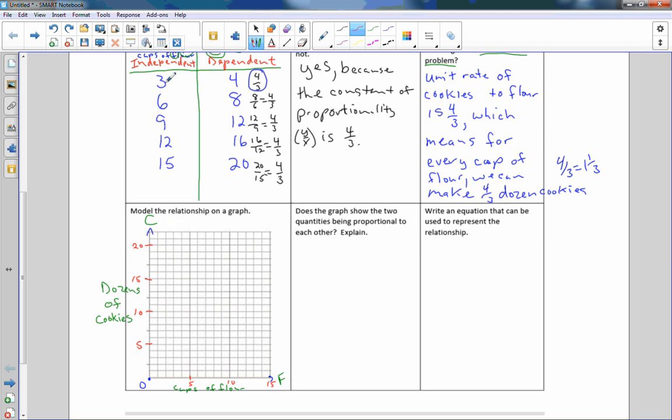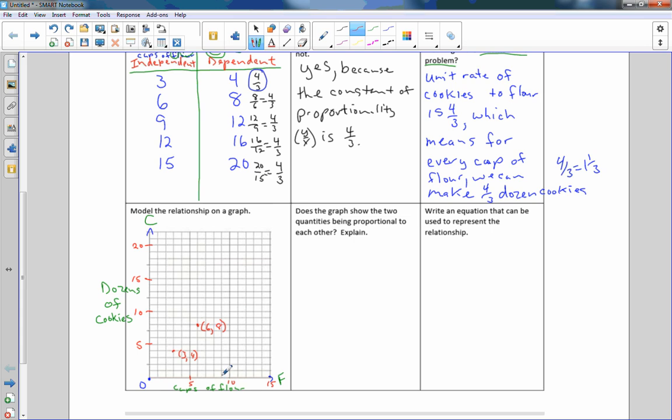So I'm going to plot the points now, 3, 4, which means go to the right 3 on the x-axis and up to 4 on the y. Put a dot there and label it 3, 4. Go over to 6 and up to 8. And label it 6, 8. And then we're doing 9, 12.